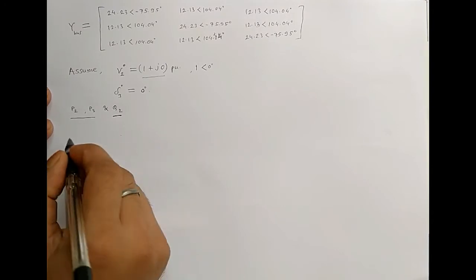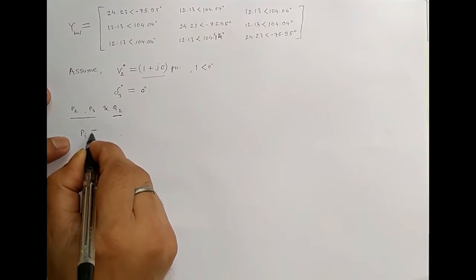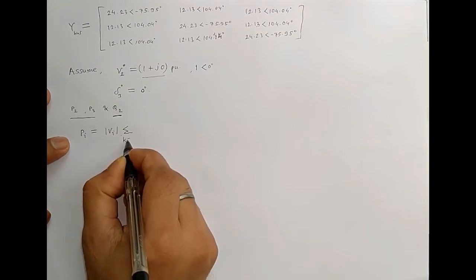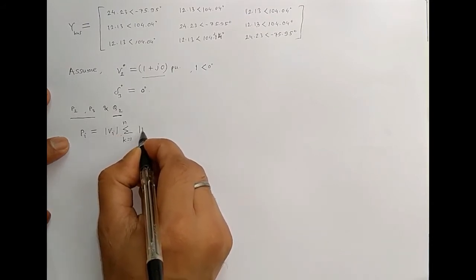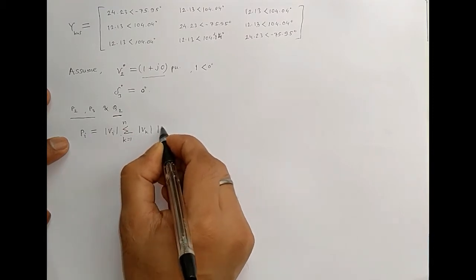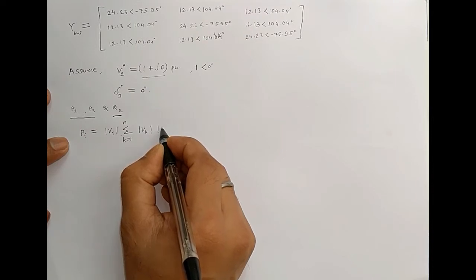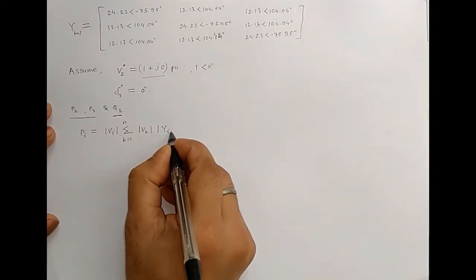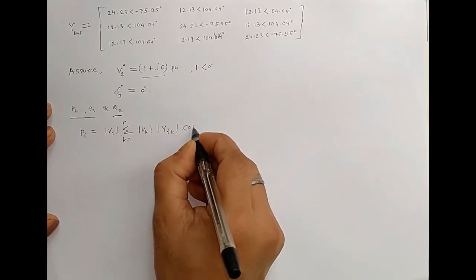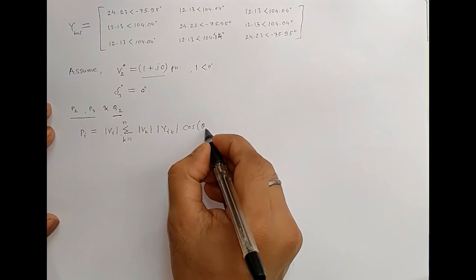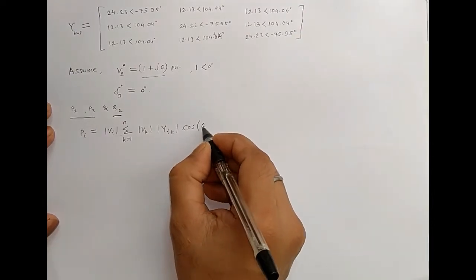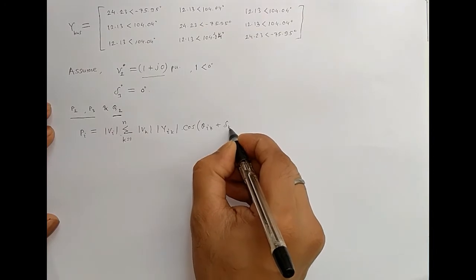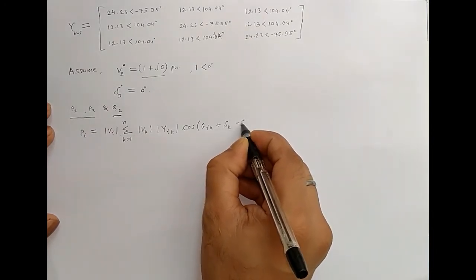According to the SLFE equation, we know that Pi is mod of Vi, summation of k equals 1 to n, mod of Vk, angle mod of Yik into cos of theta ik plus delta k minus delta i.